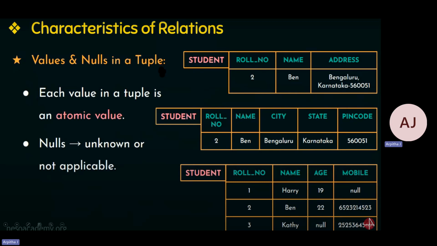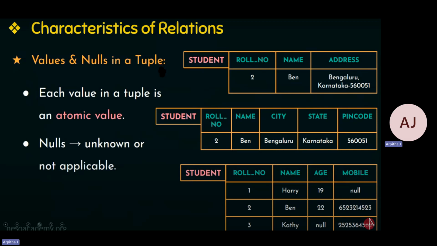When you are adding values inside a relation or a table, listen properly. What do you mean by a composite attribute? It can be further divided. So you have a name: first name, last name, second name or third name.